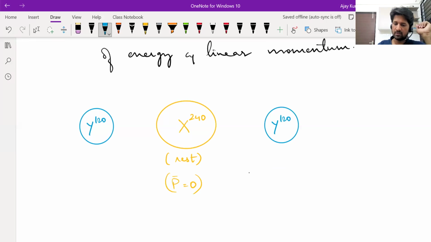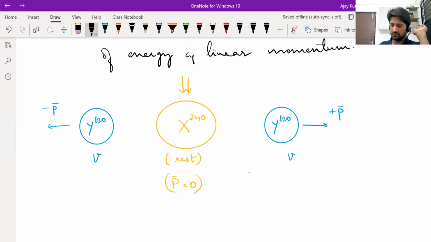Then one of the fragments should have positive linear momentum, and the other will have negative linear momentum. Because the daughter nuclei are identical in this example, they will have to move with equal speeds. The velocities will be in opposite directions, but the speeds will have to be equal, because one should have positive momentum and the other an equal amount of negative momentum, since the parent nucleus was at rest.